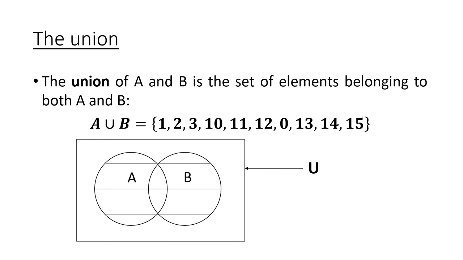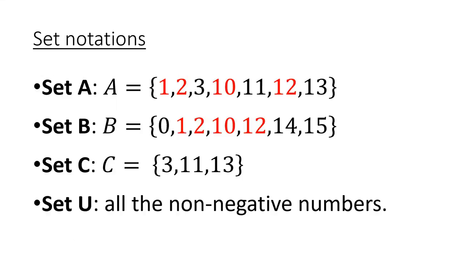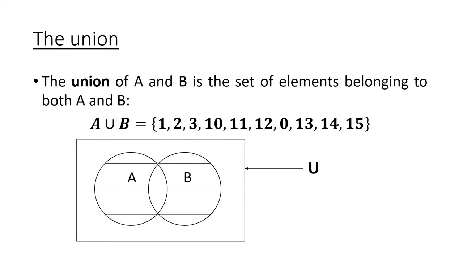So the union of A and B is everything belonging to A, everything belonging to B, and everything belonging to A and B. However, if we go back to the sets, you can notice that there are four elements which belong to both A and B. Those are 1, 2, 10, and 12. That's why when we write the union down for A and B, we do not include them twice.